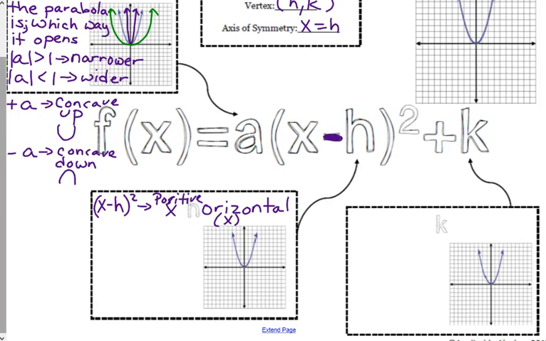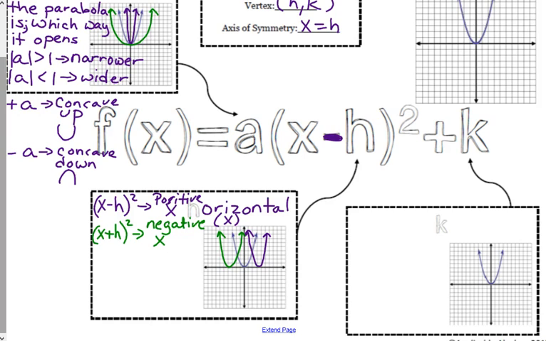So that would be, if we were to move it this way, and if we have x plus h, we have a negative x. And the x here, of course, refers to the vertex. So that would be like this.